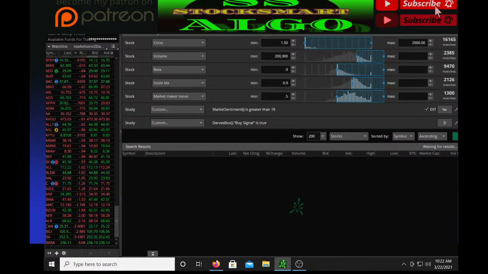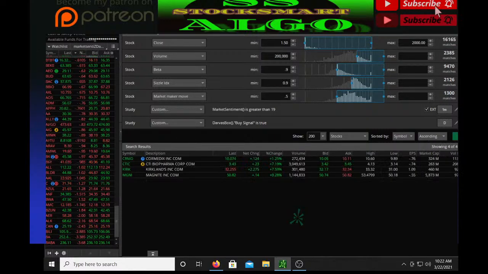And now we know which ones have a good market sentiment for the day, of a specified beta and options volume moving. A market maker is involved. We're moving volume. Okay. We've got our close within our range, which we can use to narrow down even further if we want.